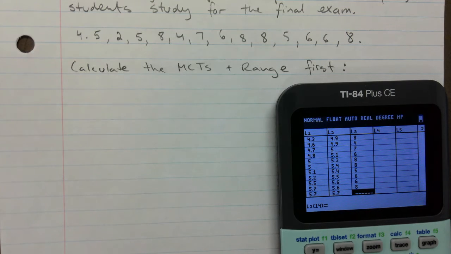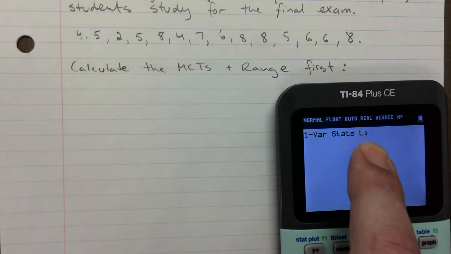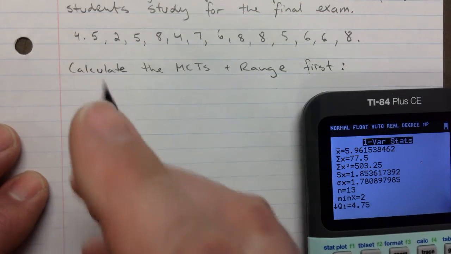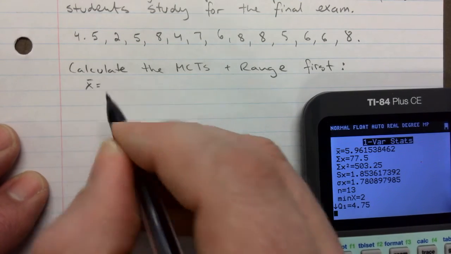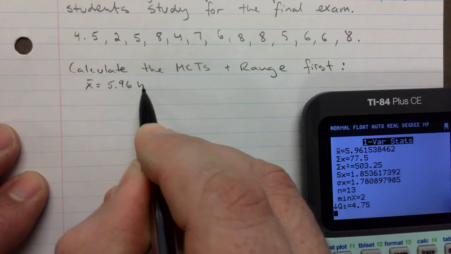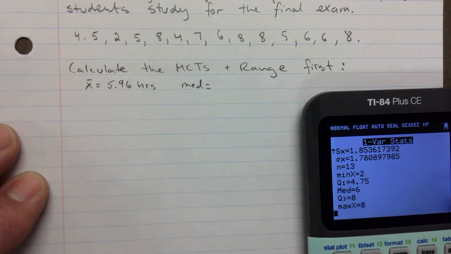Okay, so I entered all of that. I'm going to go stat, calc, one variable, and I'm going to go second 3 to call L3. And I get 5.96 hours. So the mean number of hours studied is 5.96 hours. The median, I'm just going to go down and get that.